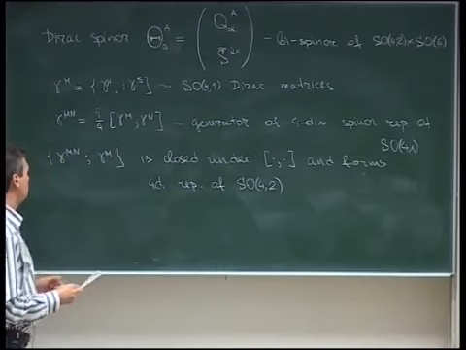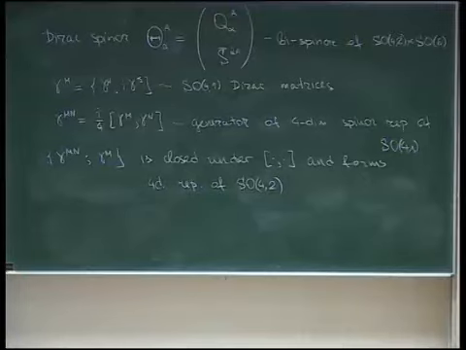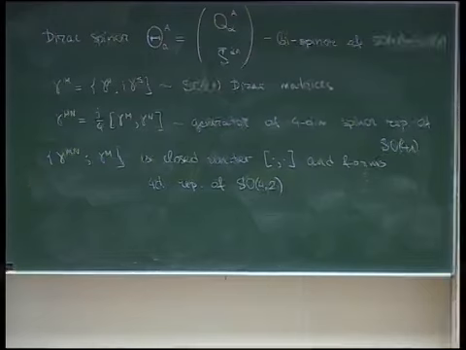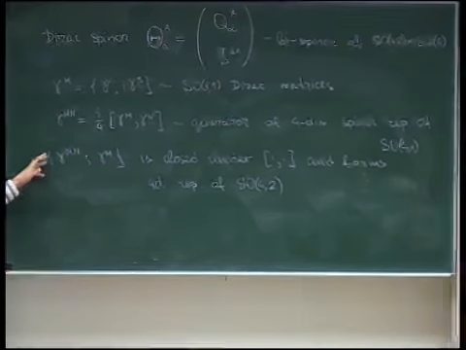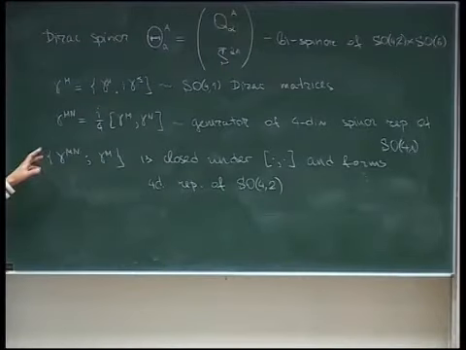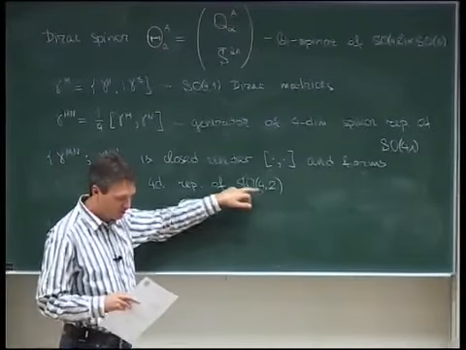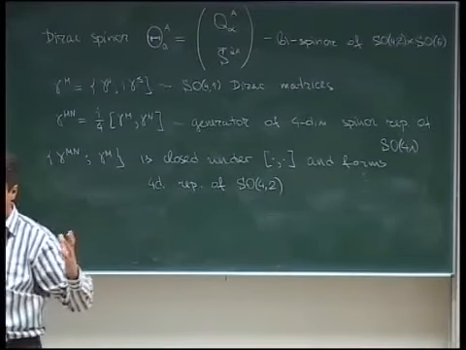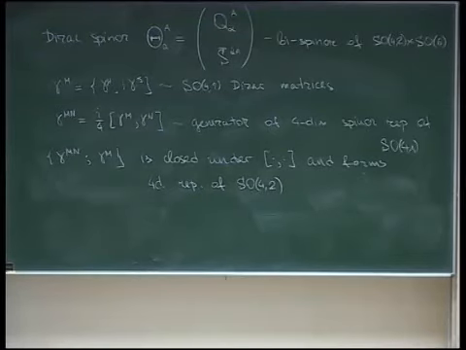But now it of course works in any number of dimensions. We could have started with SO(D,1), and this would still be true. But for SO(4,2) there is some extra. So this is a special case.